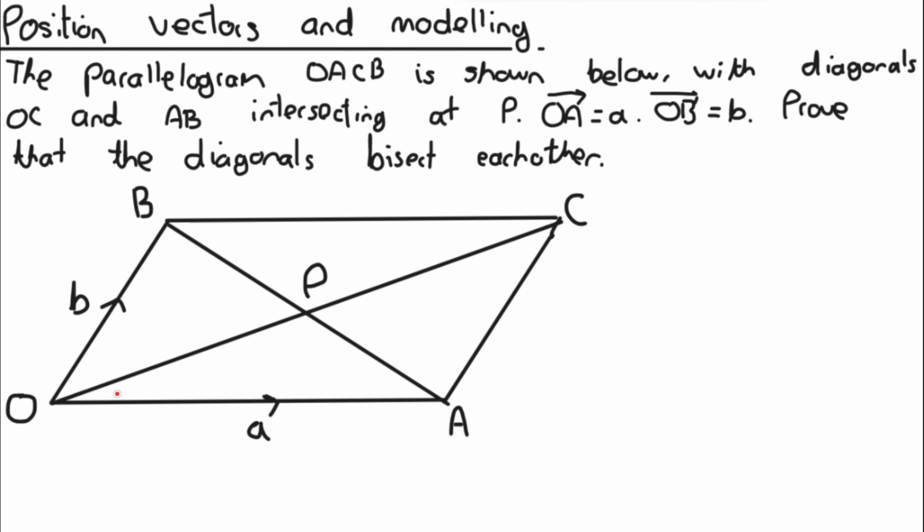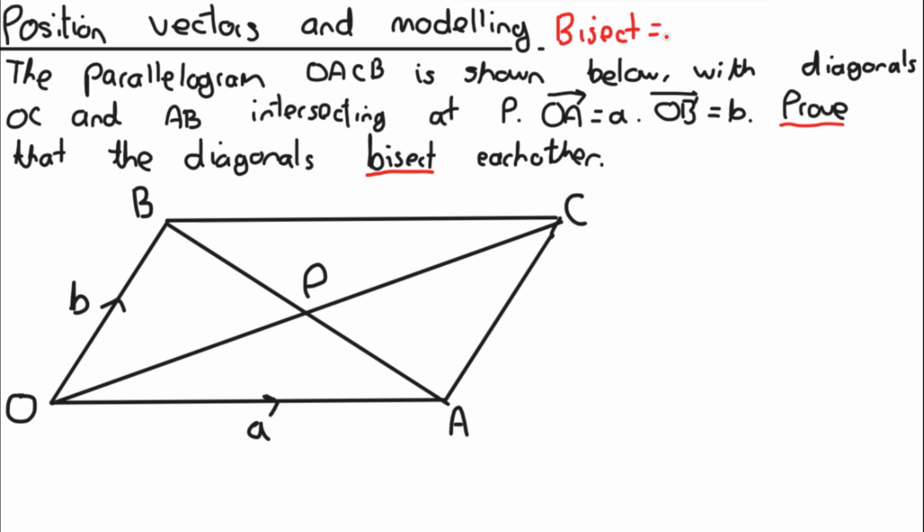So now let's move on to some specific questions that they could ask. This is a fairly common one that requires a specific method that I would probably memorize, because it's quite unusual. So you have a parallelogram and we have the diagonals that intersect at this point here, which we've called P. And we need to prove that the diagonals bisect each other. Bisect might be a term that you've heard before, but you might not know the specific definition of it.